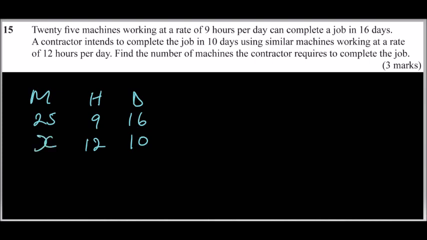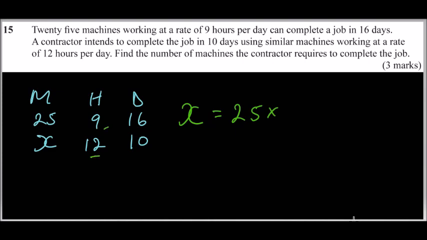So to find the machine, we normally say this is the machines that are needed. The ones that were used were 25. The argument here that we put across is, if we increase the number of hours from 9 to 12, what will happen to the machines? You need fewer machines to do the work, because these ones are working 12 hours and these are working 9.